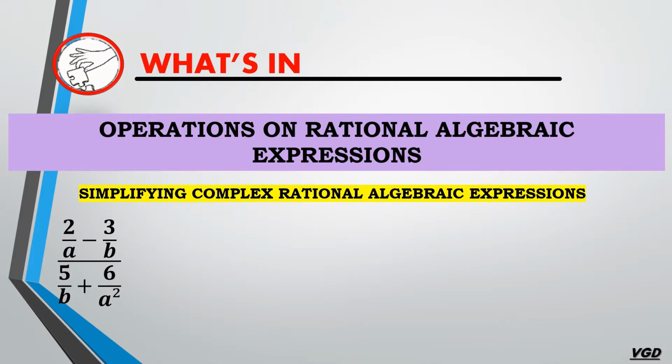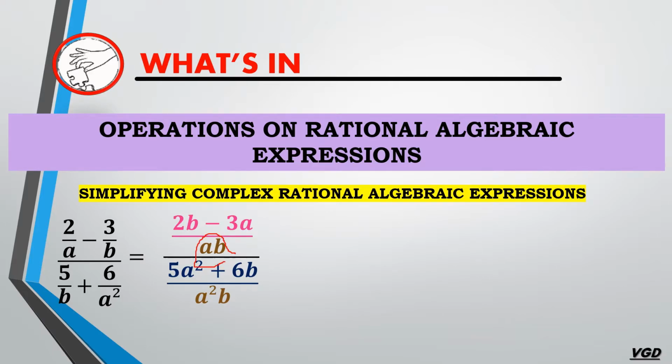So the first thing that we're going to do is simplify our numerator by getting the LCD. So we will get the LCD of ab, and then we divide ab by the denominator a, so it will be equal to b, and multiply by the numerator 2, so that's why we got 2b.